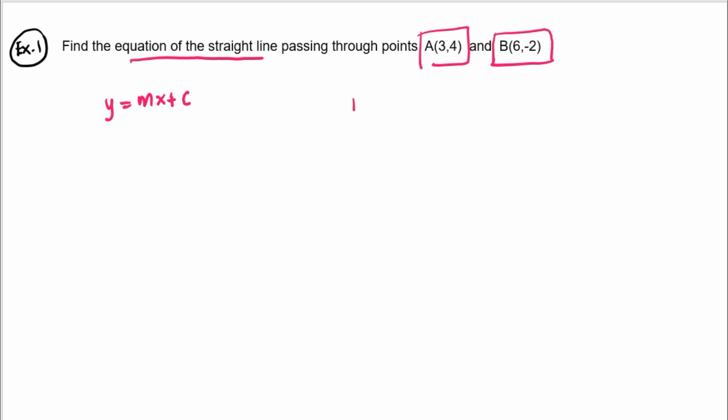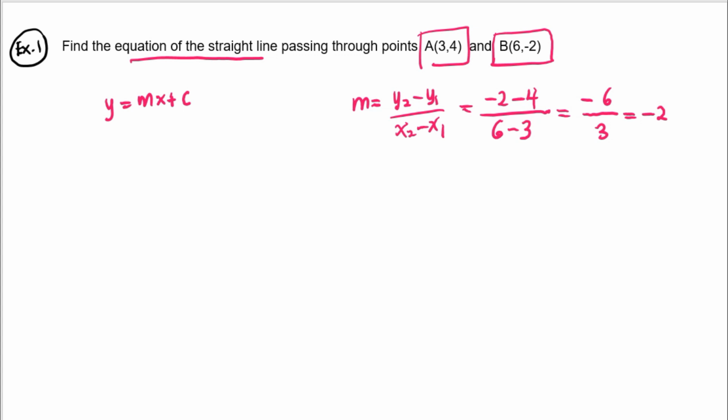To find m, we use y2 minus y1 divided by x2 minus x1, which is -2 minus 4 divided by 6 minus 3. So we have -6 divided by 3, which is -2. So m is equal to -2, and we substitute: -2x plus c.